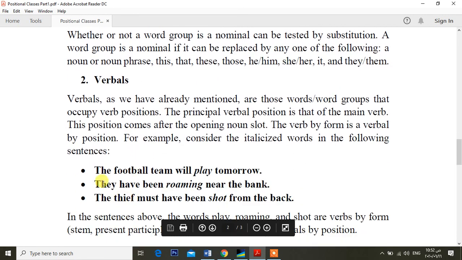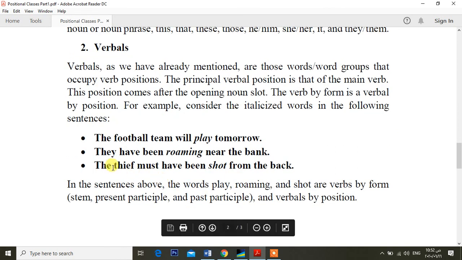The second example: they have been roaming near the bank. Roaming here is also a verb by form and a verbal by position. The third one: the thief must have been shot from the back.